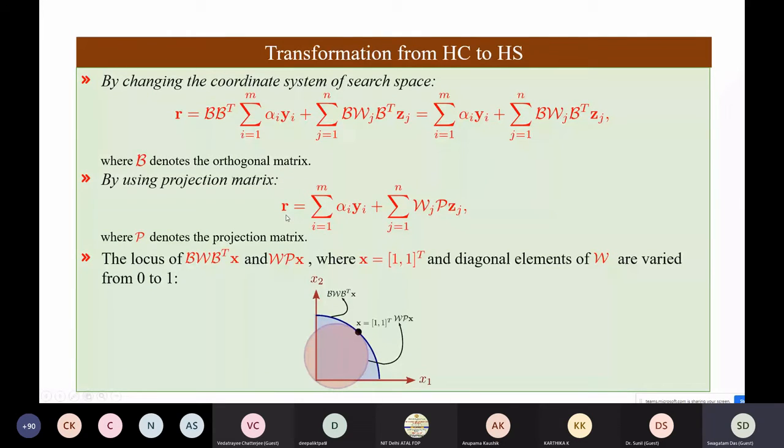Here we are showing the locus, the entire region which could be covered when you perturb the vector 1, 1 transpose by using these two methods. See, the first term remains the same in the coordinate system change because that's the reference point. The second set of perturbing vectors is affected.